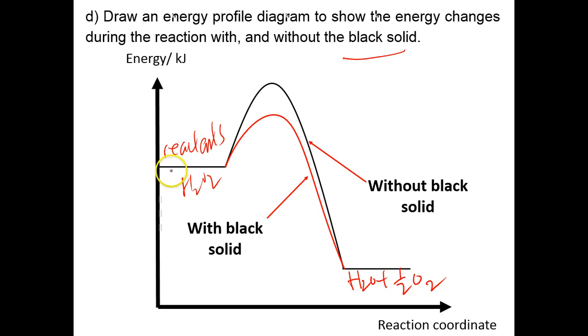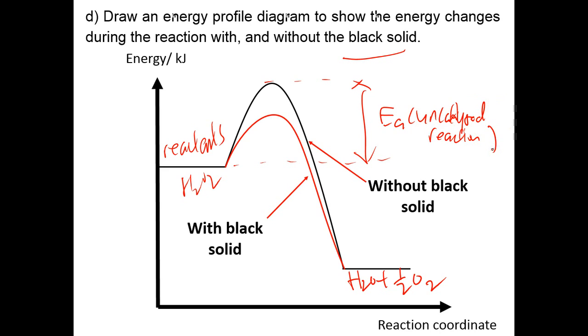This is an exothermic reaction, so it goes downwards. The first energy profile belongs to the reaction without the black solid, so EA will be much higher. This is the EA for the uncatalyzed reaction.